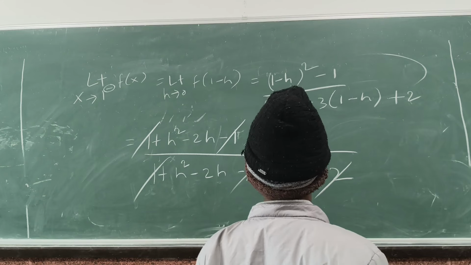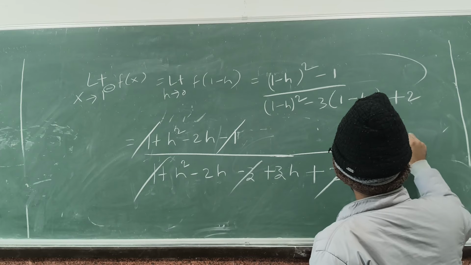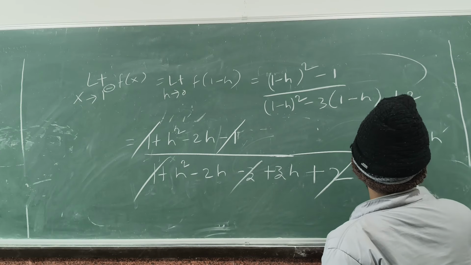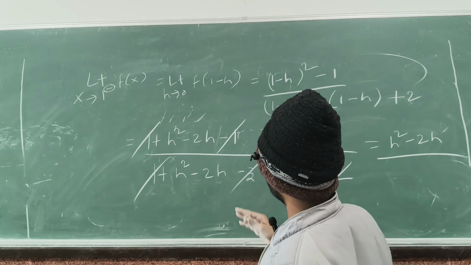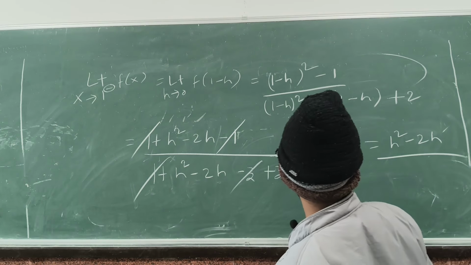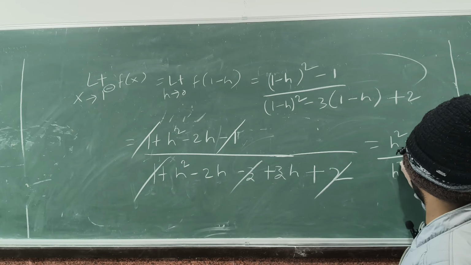What we are left with is h square minus 2h by h square plus h.